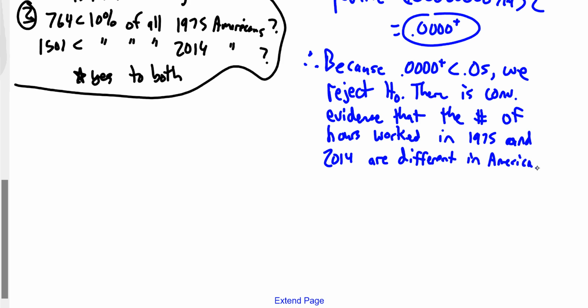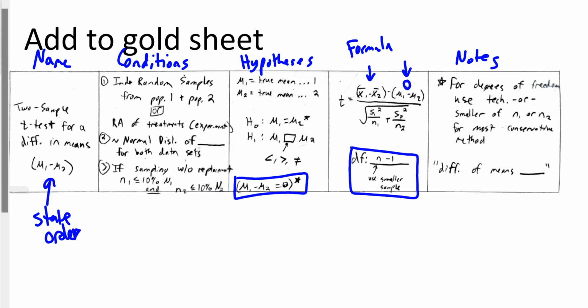They are different. We found evidence that there is a difference. And that's how we can go about doing one of these two-sample t-tests.